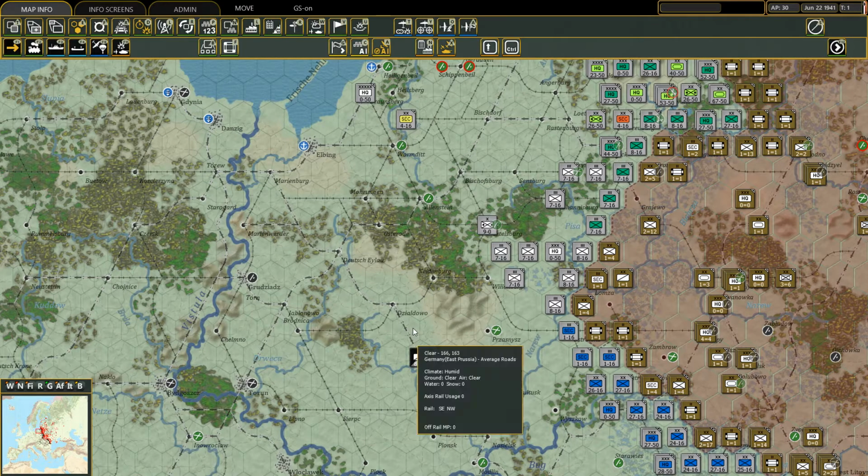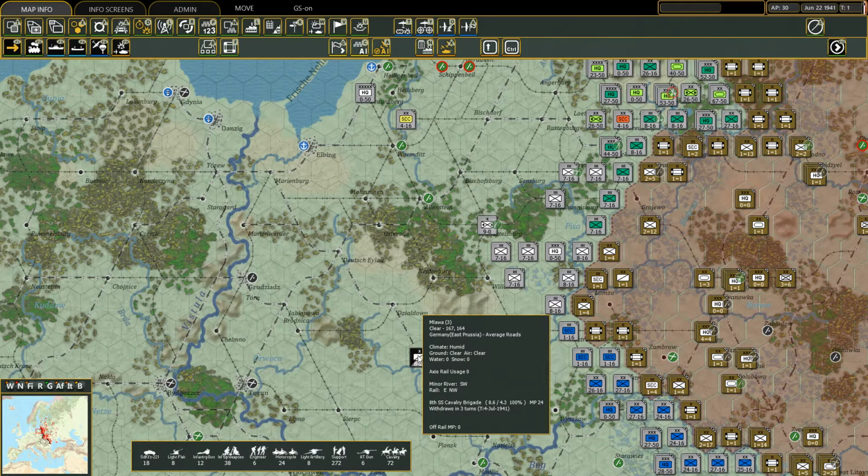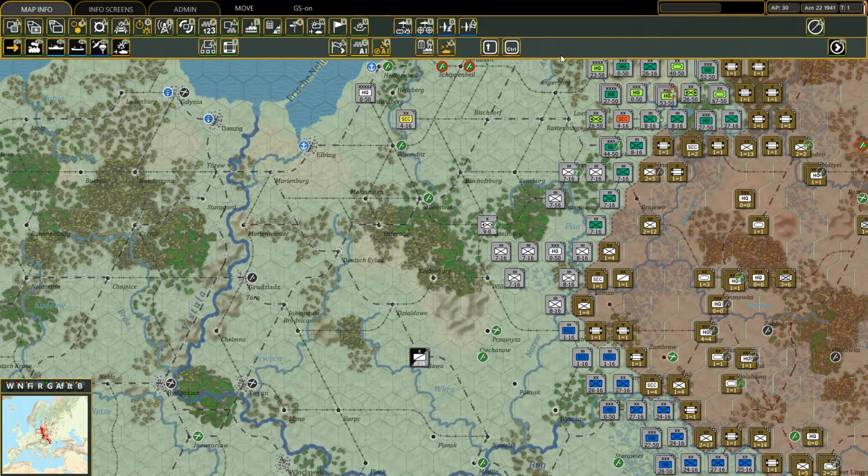Now, I mentioned also, since we're here, you see that I'm hovering the mouse on a hex with a railway, and it says off rail MP0. Now, I mentioned that the amount of information changes based on the map mode and on the hex.